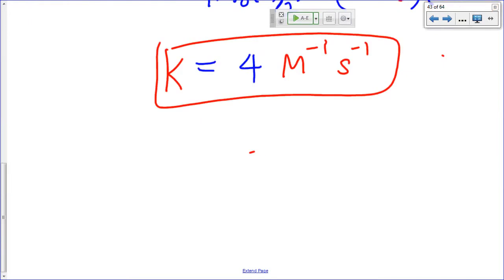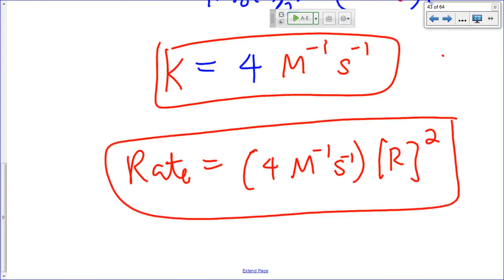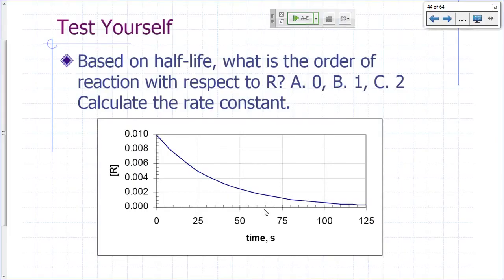So you write your rate law, you say rate is equal to the rate constant, which is 4 per molarity per second, times the concentration R raised to the second power. Okay, so that's how you can tell what your rate law is. Okay, let's take a look at this one. Based on the half-life, what's the order of the reaction with respect to R here?